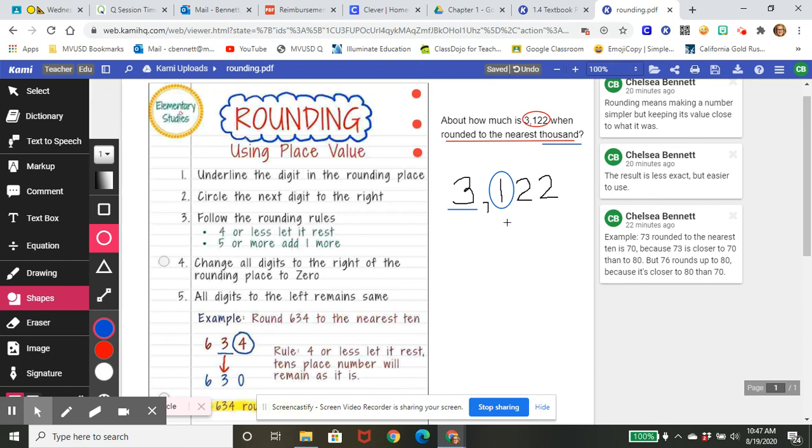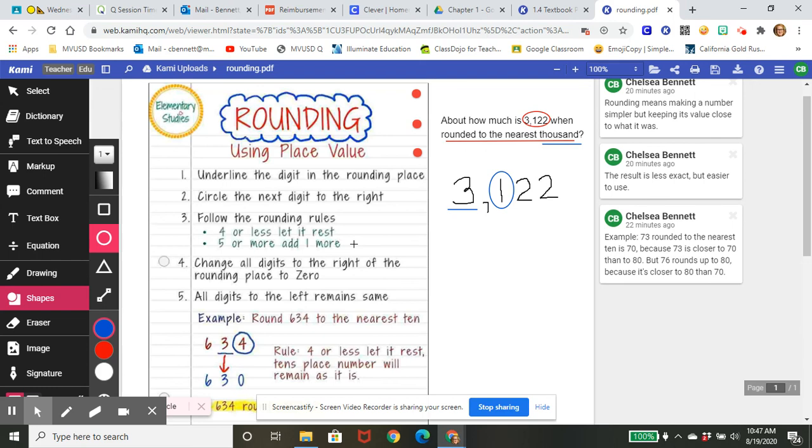And then I'm going to look at the one I circled to follow the rounding rules. 4 or less, let it rest. 5 or more, add 1 more, okay? This is the number I'm changing. This is the number I'm looking at, okay? So I'm looking at number 1. Is it 4 or less, let it rest?